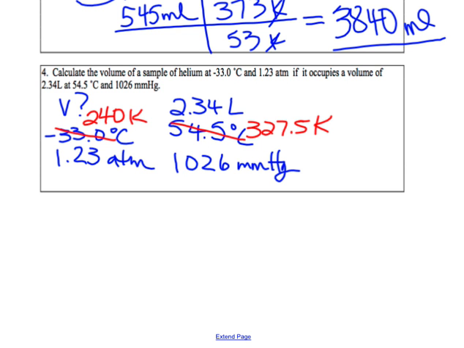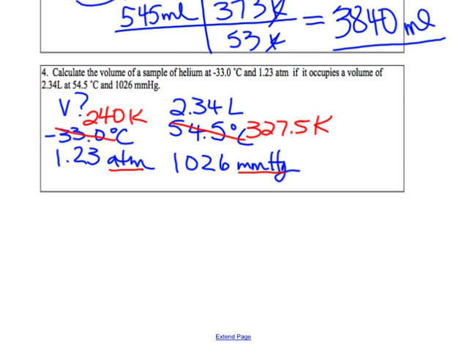I have another big problem. Can I use this ratio like this? No, I have to be in the same unit. Which unit do you go to? At the end of the day, I really don't care. But I'll tell you now that when you're doing the ideal gas law, PV equals nRT, that 0.0821 has units of liter atmosphere per mole Kelvin. So atmospheres are commonly what we need to convert to.